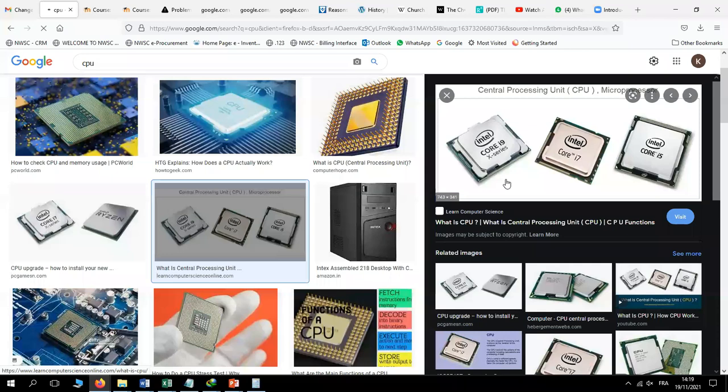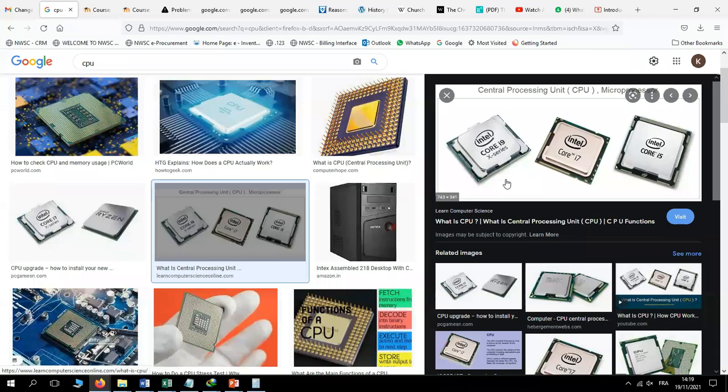Then that's the central processing unit. In other words, it's what we call the brain of the computer, which works on whatever the computer is doing. Then we are talking about the motherboard. When we talk about the motherboard, ladies and gentlemen, let's also have a look at it. What is the motherboard?